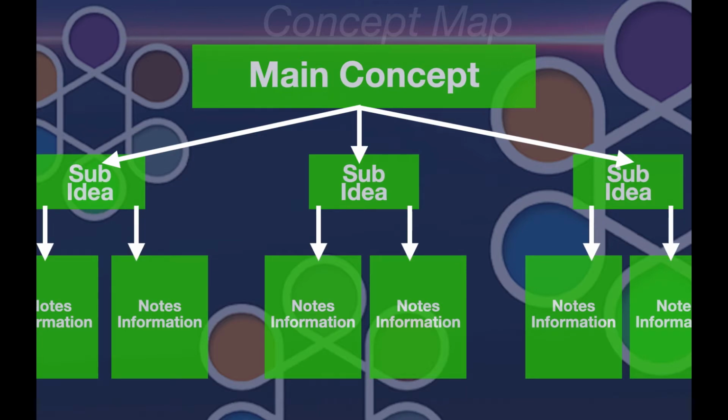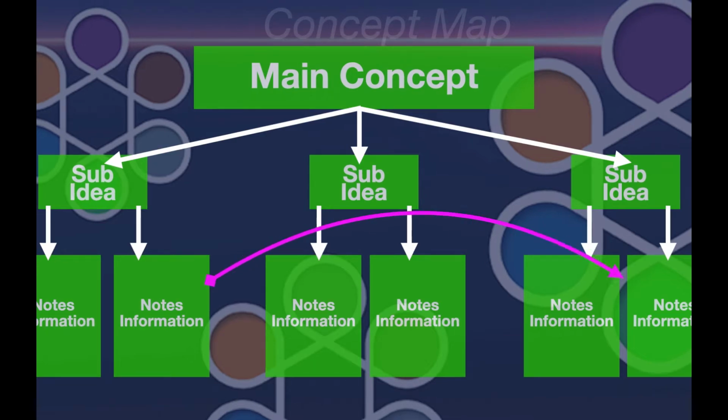It is important to note that we can cross-link ideas using arrows, which helps us quickly see how ideas are interrelated. So let's start off by creating a concept map either electronically or on paper.